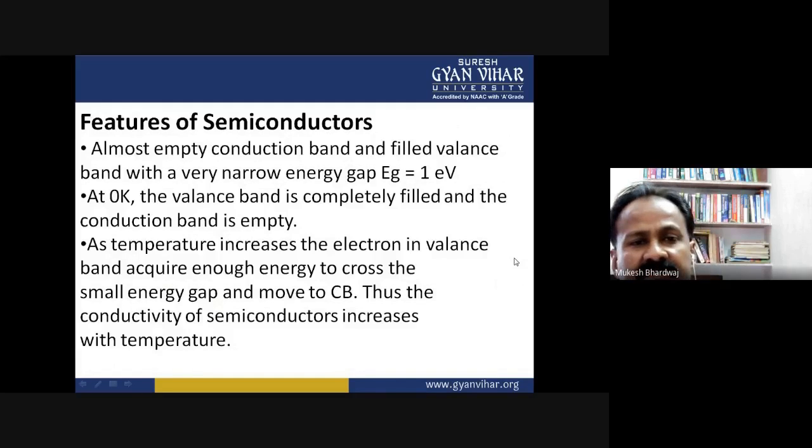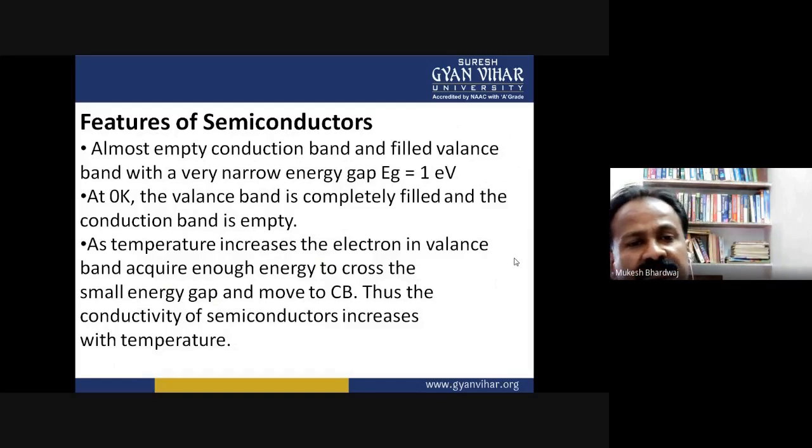Features of semiconductors: an almost empty conduction band and a filled valence band with a very narrow energy gap. That is, the energy gap is almost equal to 1 electron volt, and we had seen the energy gap in insulators is between 5 to 10 electron volts. So the difference is very large.